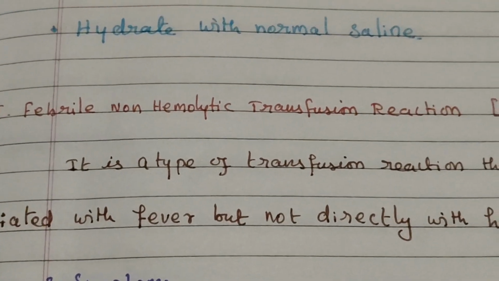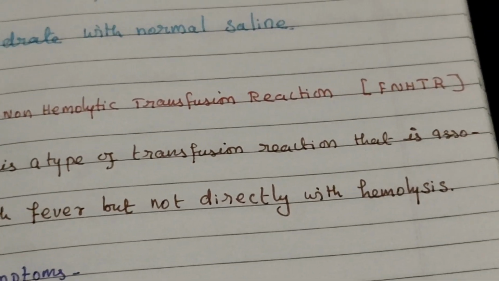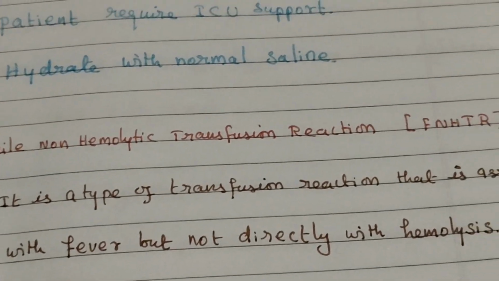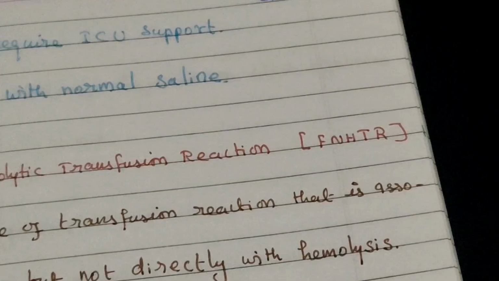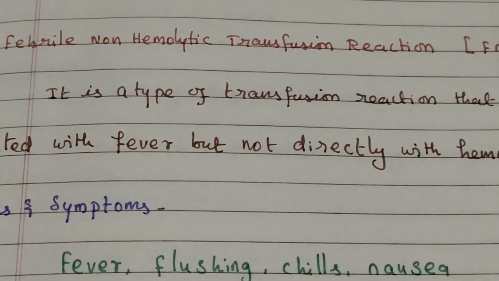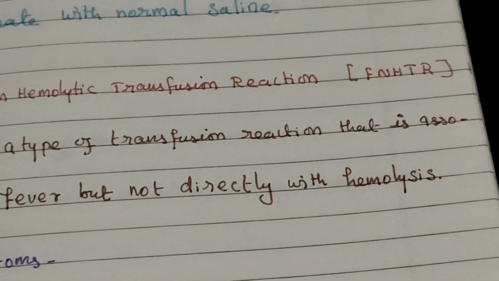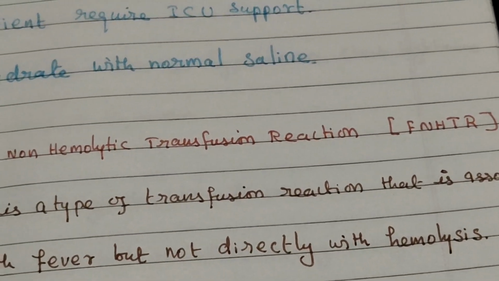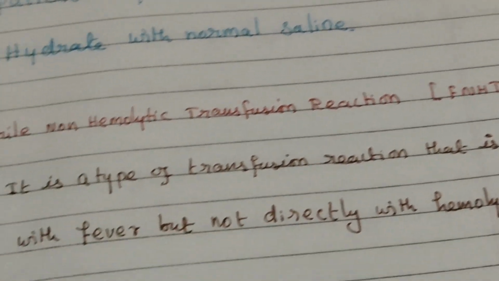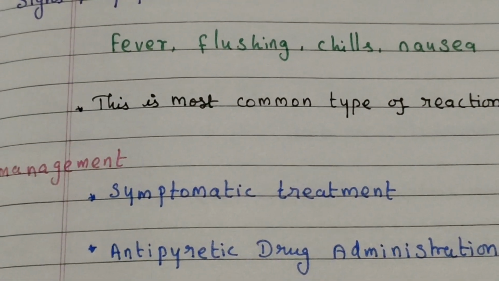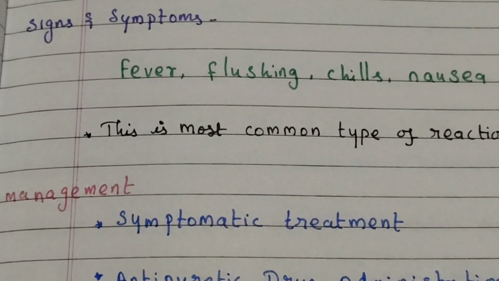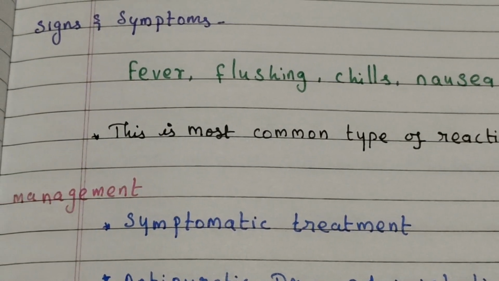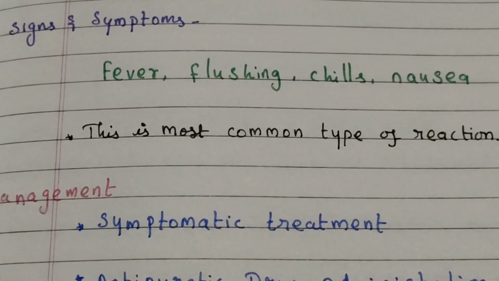Then febrile non-hemolytic transfusion reaction. It is a type of transfusion reaction that is associated with fever but not directly with hemolysis. What are the signs and symptoms of febrile non-hemolytic transfusion reaction?